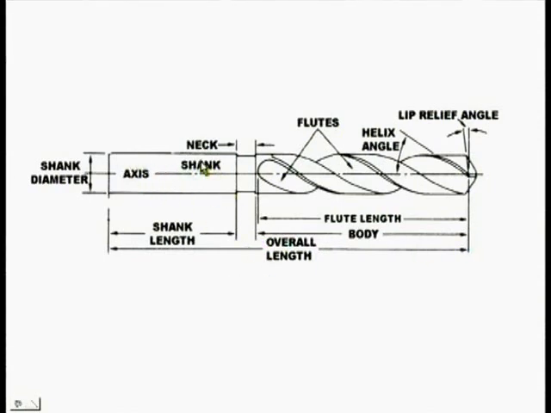This end is called the shank, and also you have the neck here. Some of the tools will be provided with a neck. It is not compulsory. Some other tools may not be given a neck.